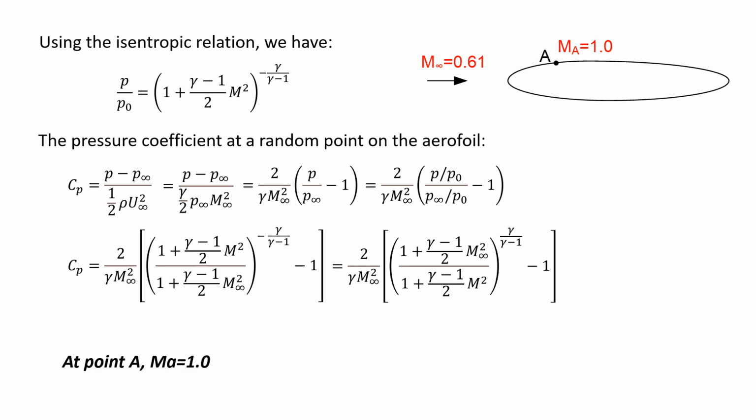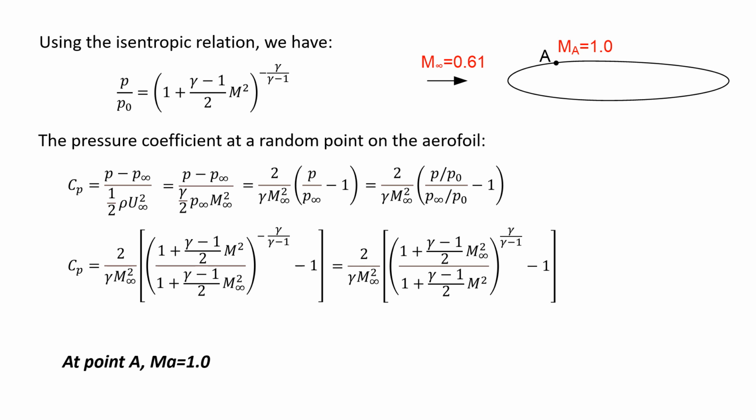Okay. And now let's consider point A. We know that at point A, for this airfoil at the critical Mach number, the Mach number is 1.0.